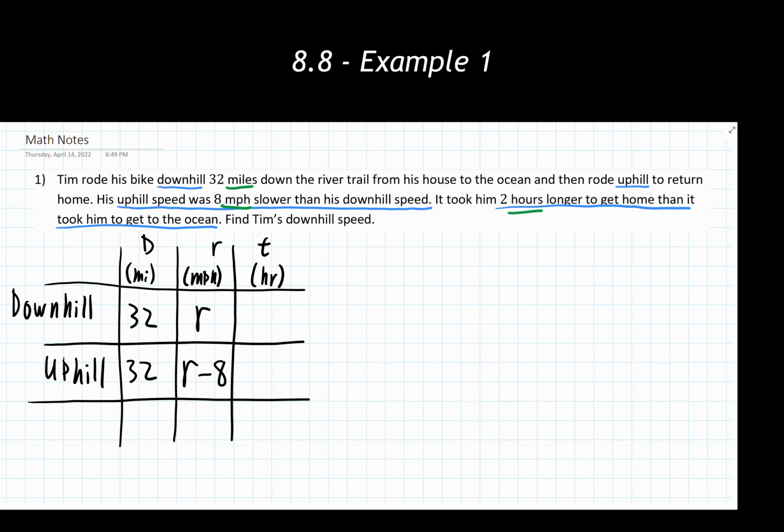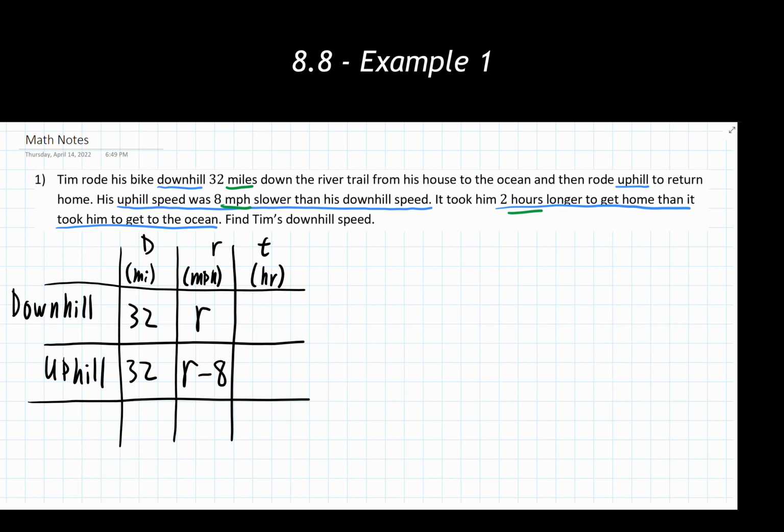And using a similar amount of logic, we're going to our next sentence, and we're told it takes him 2 hours longer to get home than it took him to get to the ocean. So again, I do not know the exact time it took him to travel downhill or uphill, which means I'm going to have some unknown showing up in both of those. But I do know that it took him 2 hours longer to get home, which we know is the uphill portion, than it took him to get to the ocean.